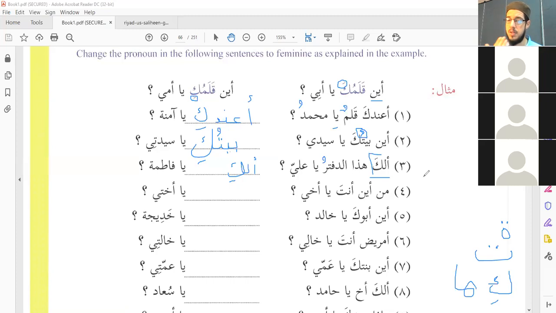There might be a situation where we're talking to a man and we're talking about a feminine object. There might be a situation where we're talking to a man and we're talking about a masculine object. There might be a situation where we're talking to a woman and we're talking about a masculine object. And there might be a situation where we're talking to a woman and we're talking about a feminine object. So there's four possibilities.